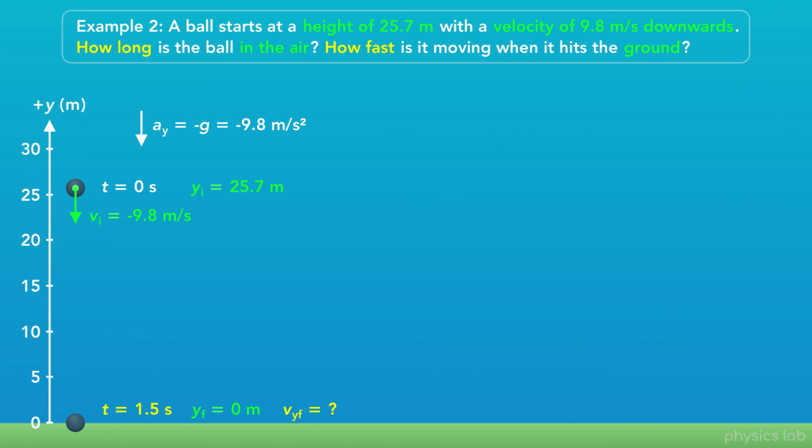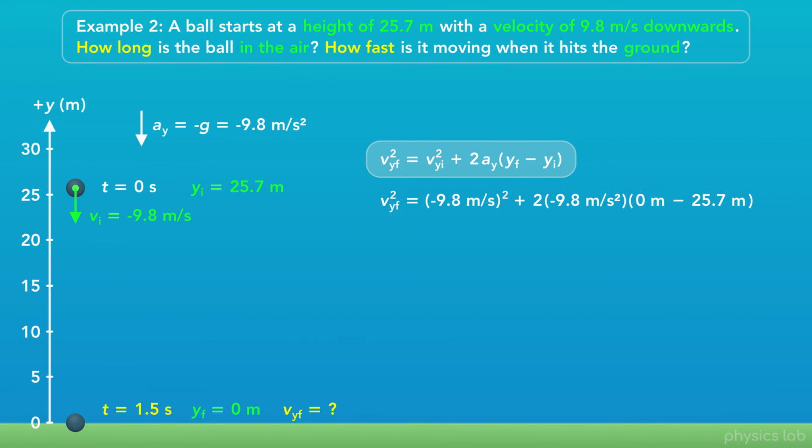Alright, now let's find the speed of the ball when it hits the ground. We'll use the same equation that we used in the first example. We plug in negative 9.8 meters per second for the initial velocity, negative 9.8 meters per second squared for the acceleration, 0 meters for the final position when the ball hits the ground, and 25.7 meters for the initial position.